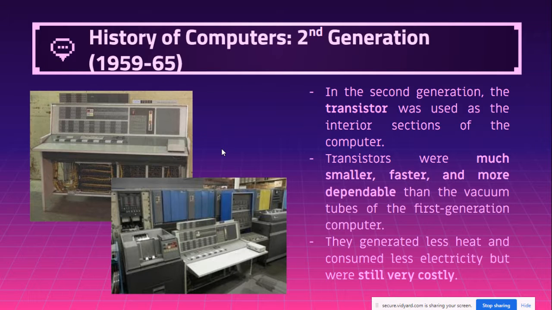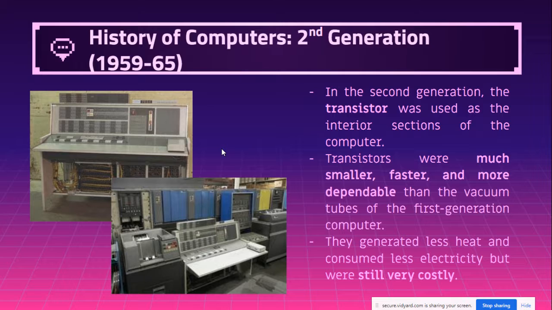So let's go straight ahead to the second generation. In the second generation, the transistor was used as the interior section of the computer. Transistors were much smaller, faster, and more dependable than the vacuum tubes of the first generation computer. They generated less heat and consumed less electricity, but were still very costly.